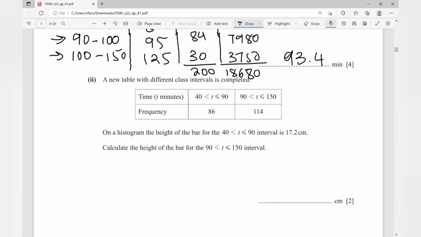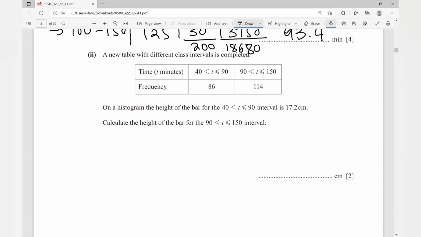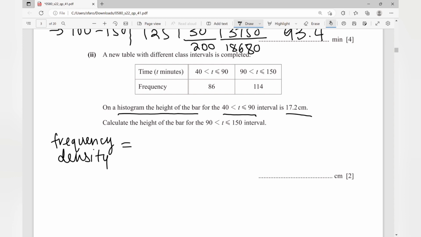Now let's move on to the next part. A new table with different class intervals is completed. On a histogram, the height of the bar for the 40 to 90 interval is 17.2 centimeters. In a histogram, the height of the bar is the frequency density, and the frequency density is equal to the frequency divided by the class width.